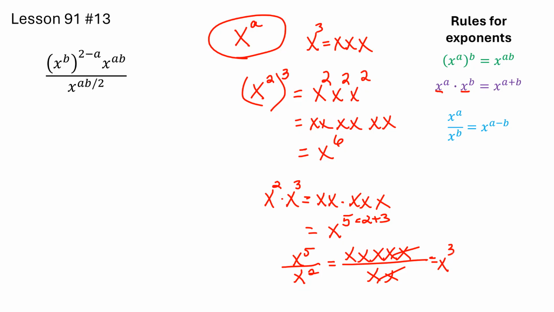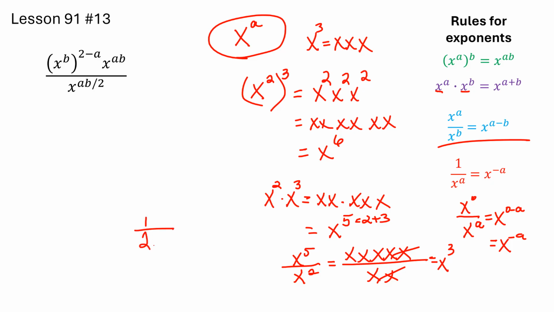Another kind of notation that's involved with exponents is that if we have 1 over x to the a power, we can rename that x to the negative a power. What you cannot do is change the sign on the base. One of the things I've been seeing people do lately is you might have something like this, and they are rewriting this as negative 2 x to the negative 4.